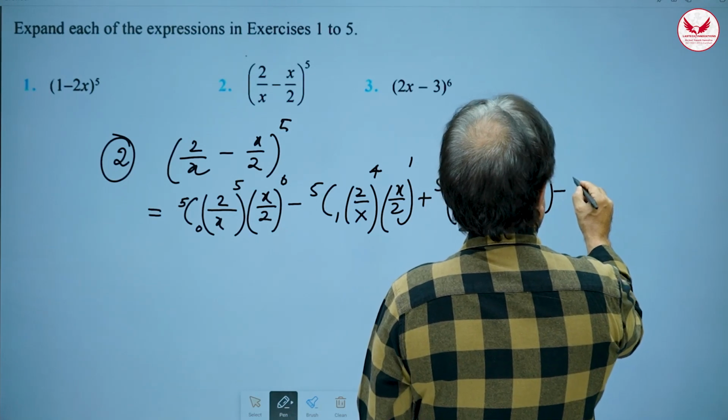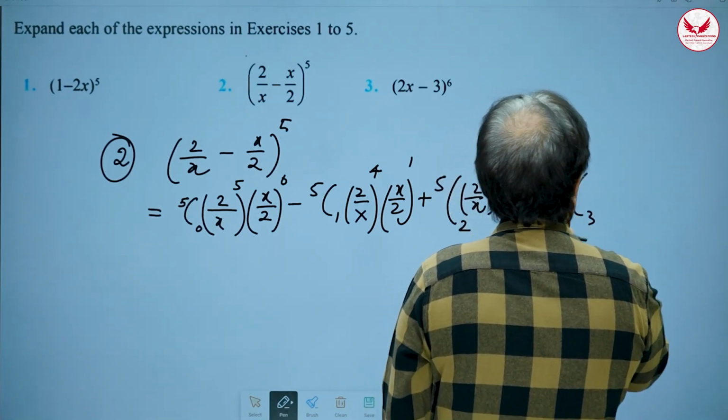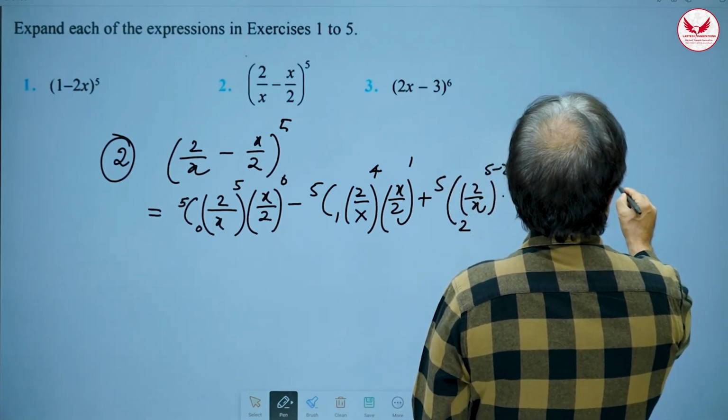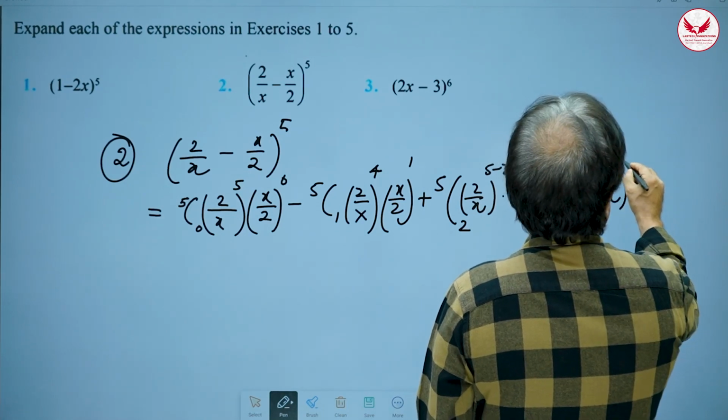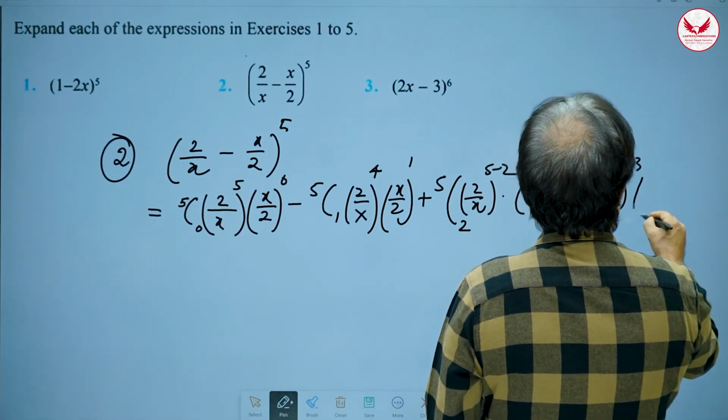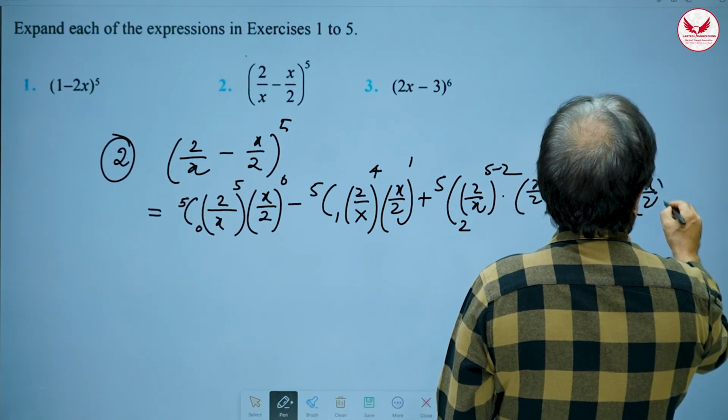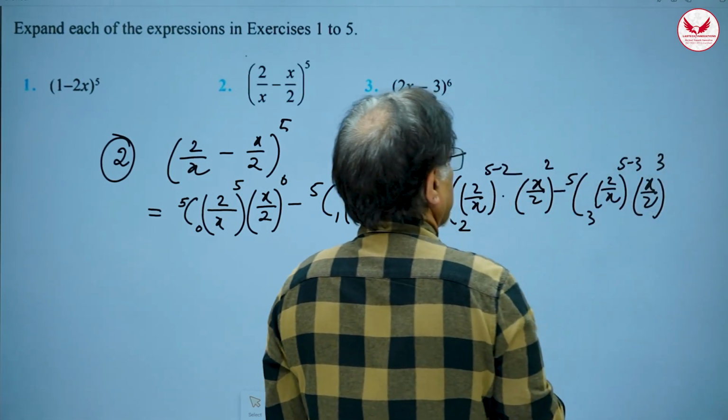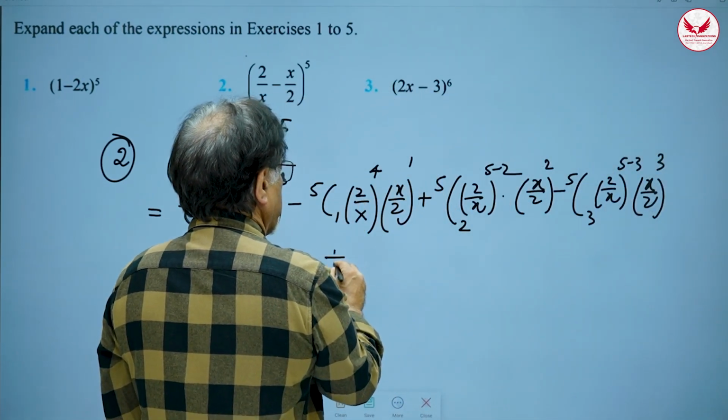Then minus now 5c3. 5c3, 2 upon x raised to 5 minus 3, whereas x upon 2 will be raised to the power 3.